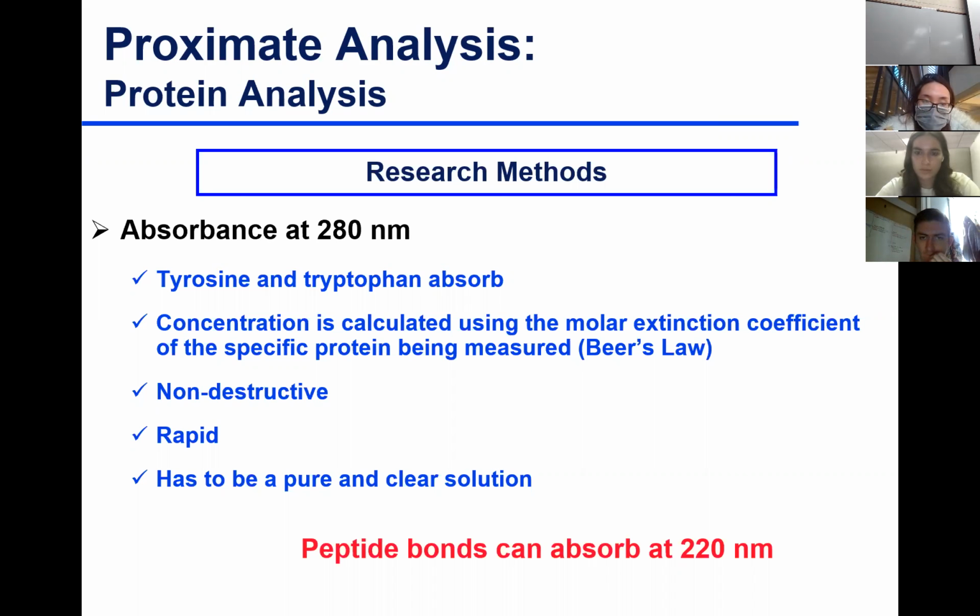But if you're measuring hydrolysates, like if you have a protein that has been digested and you have some peptides that don't have tyrosine and tryptophan in them, so the protein has been chopped off and some peptides made up of, let's say, 5 to 10 amino acids or more or less, they might not have tyrosine and tryptophan, so they cannot be detected at 280.